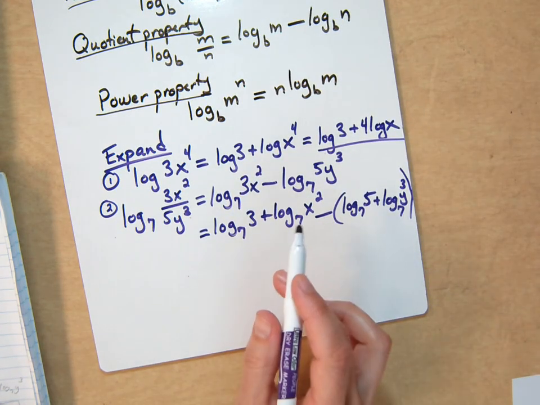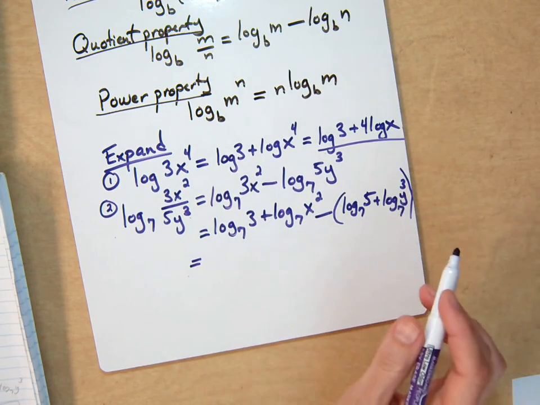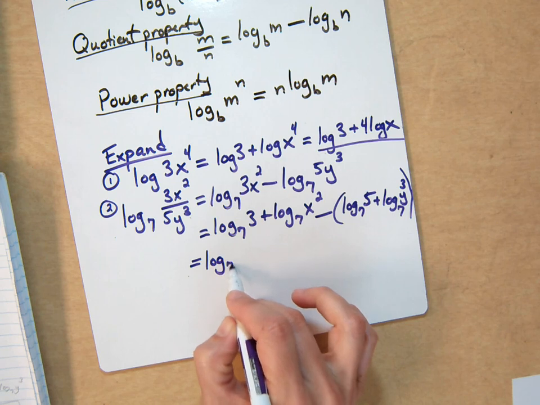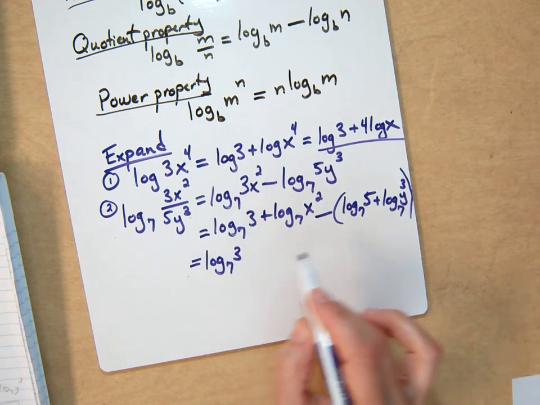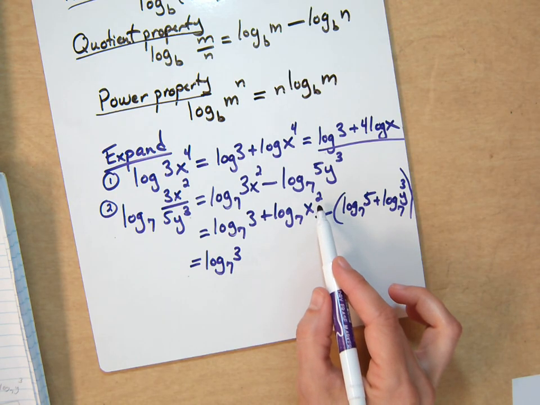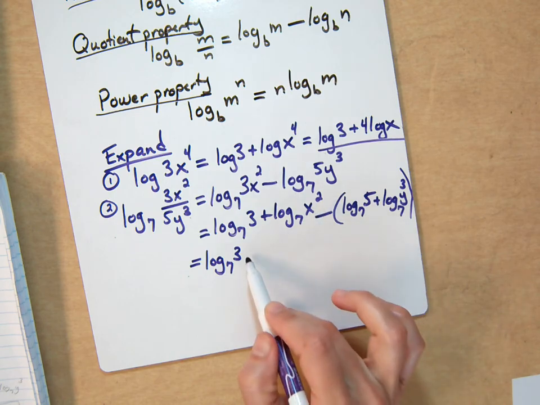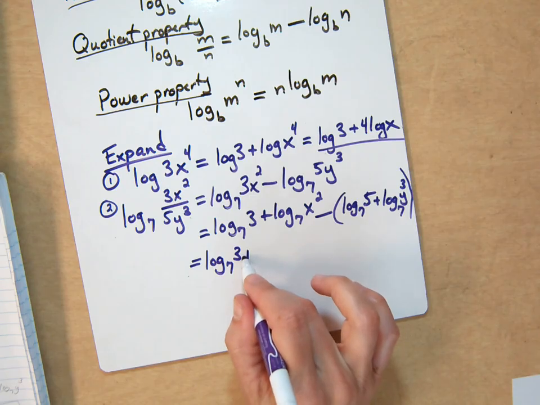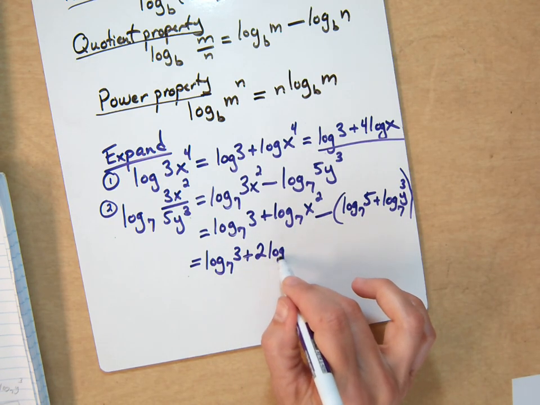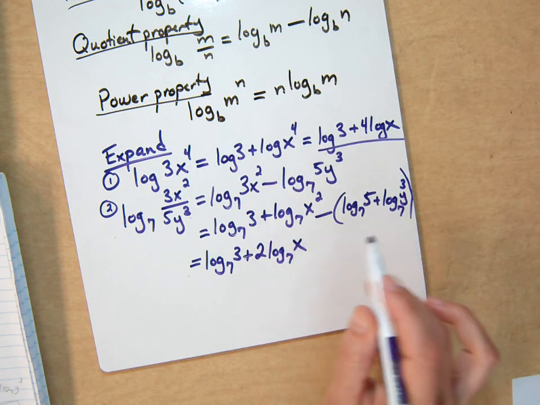We're almost there, so this is expanded as much as we can. Log base 7 of 3, that stays. What happens to the exponent 2? If we use the power property, it goes where? To the front, so plus 2 log base 7 of x.